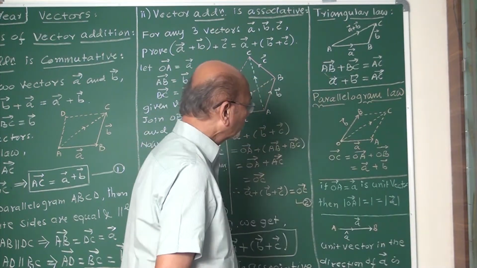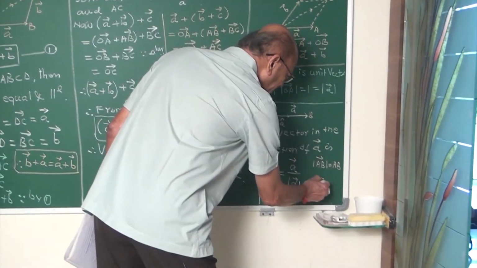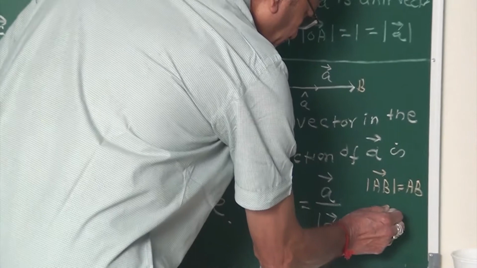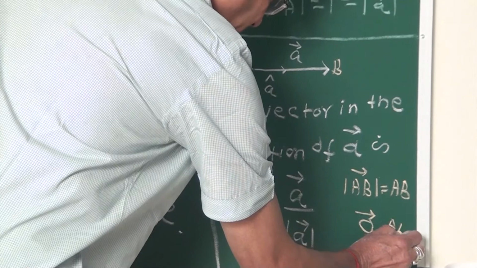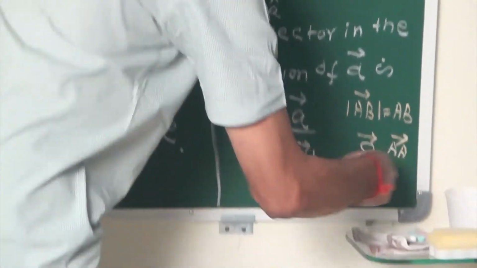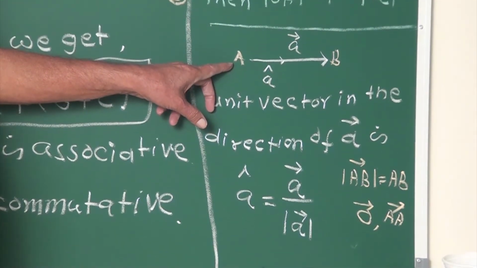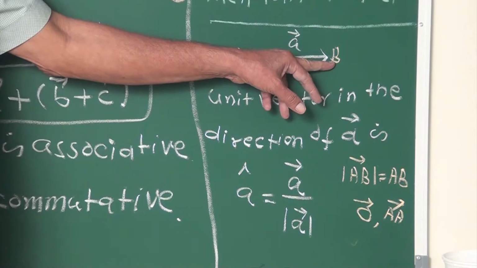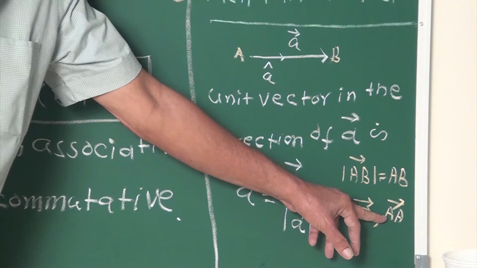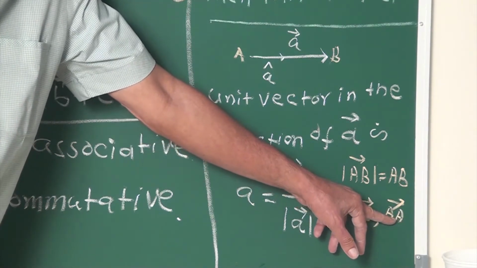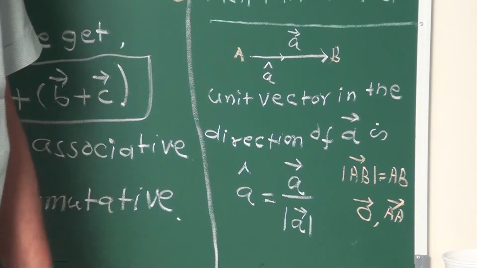It is denoted as the zero vector, or its initial and end points are the same. This is known as the initial point of the vector AB, and this is known as the end point of the vector AB. Therefore, AA means its initial and end points are the same. Then its magnitude is 0. Either like this or like that, it is a zero vector.